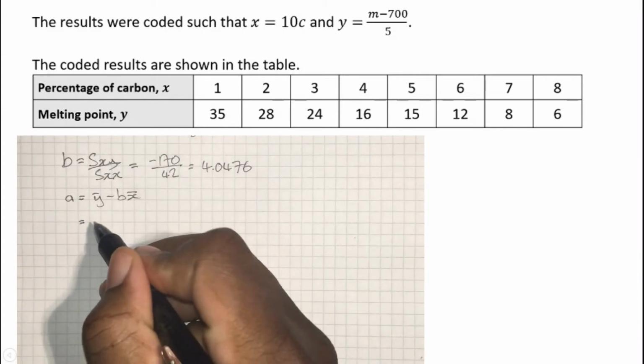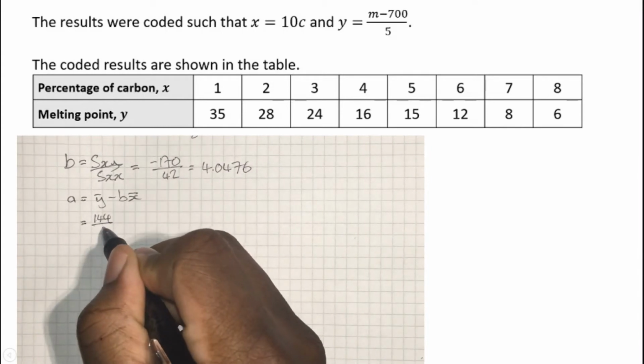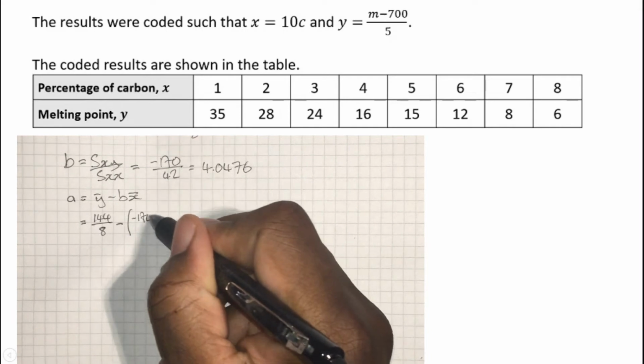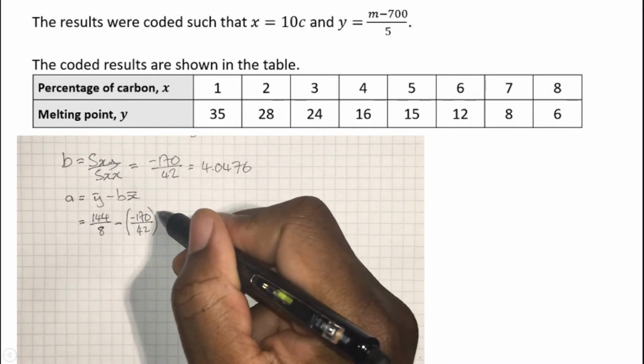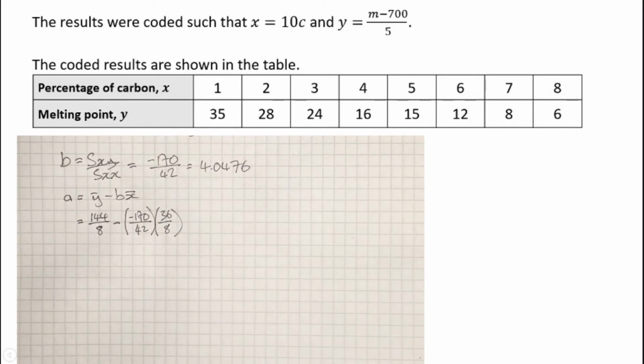Next, we're going to need to find A. A is y bar minus b x bar. Y bar is the sum of y over n. B, I just used this fraction in the line above. And x bar is the sum of x over n, 507 over 14, that equals 36.2143.